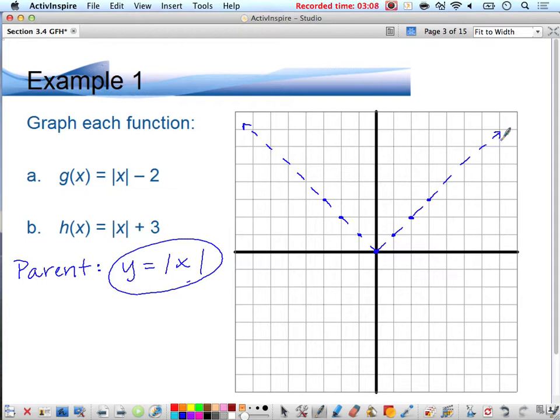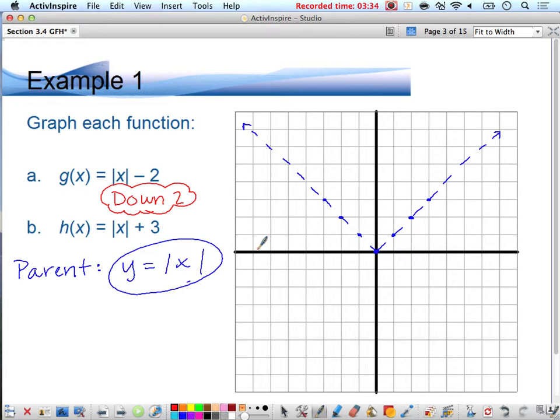Then I'm going to look at part A here, and I'm going to say that the absolute value of x minus 2 is exactly the same as the absolute value of x, except that every point has been shifted how many units? Negative 2 units. So we say that would be a translation of down 2. We take every point on the parent and move it down 2 units.